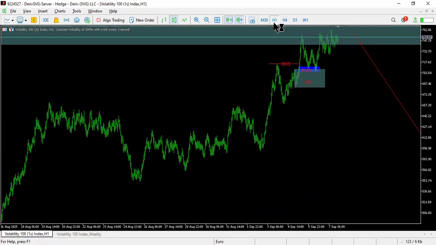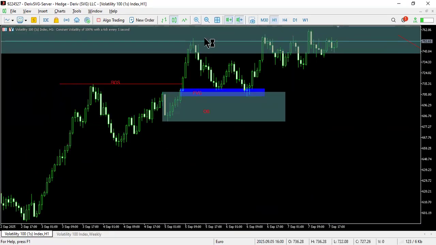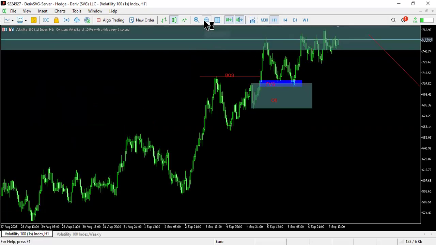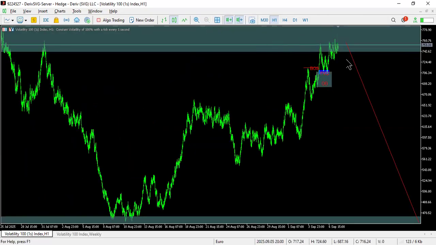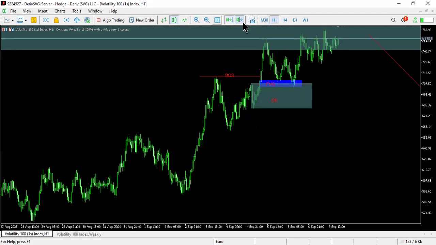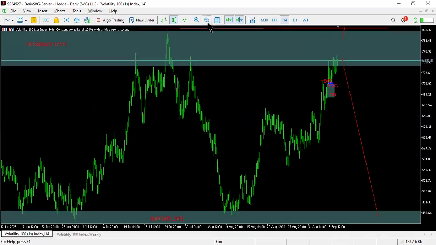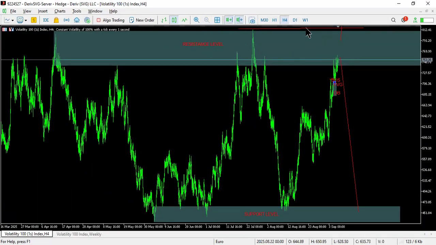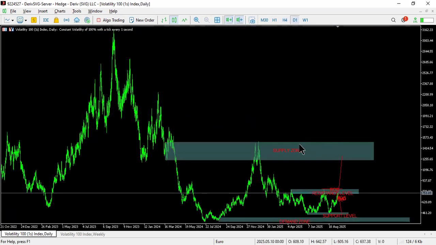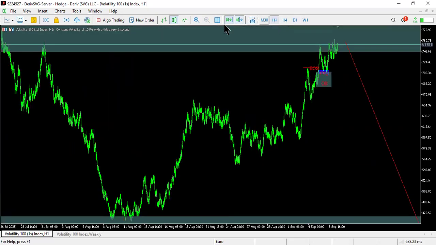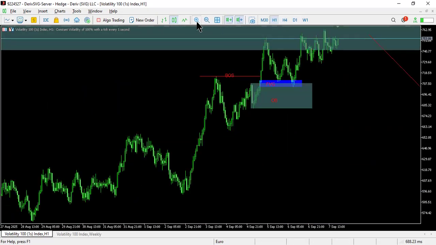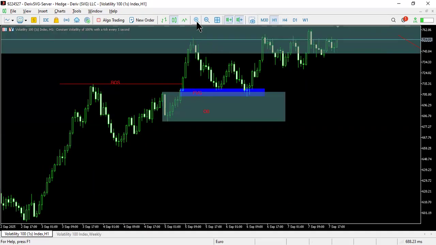So we should watch out for a change of character, for price to continue moving down, or for a break of structure. Price needs to break this resistance level so that it can continue to this supply zone. Currently there is no trade on VIX 100. So those are the possibilities.